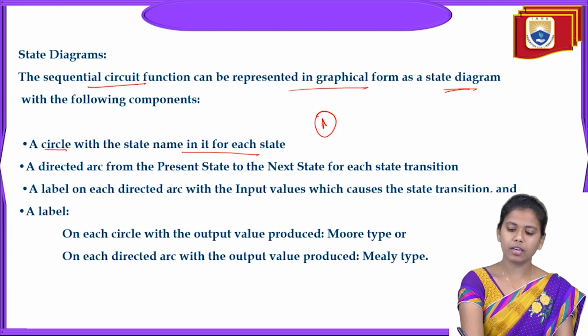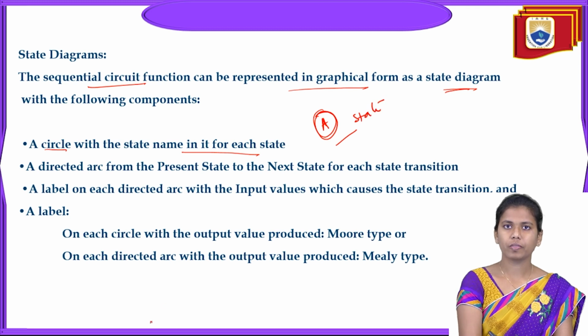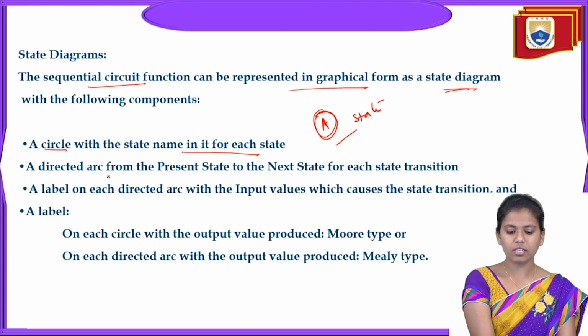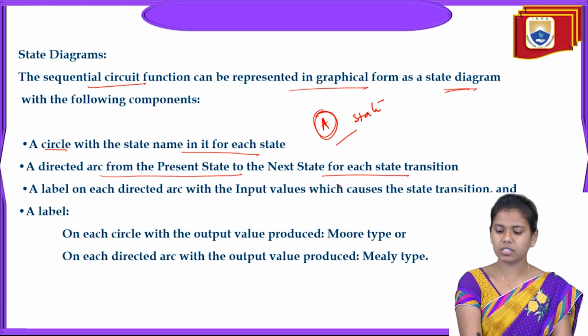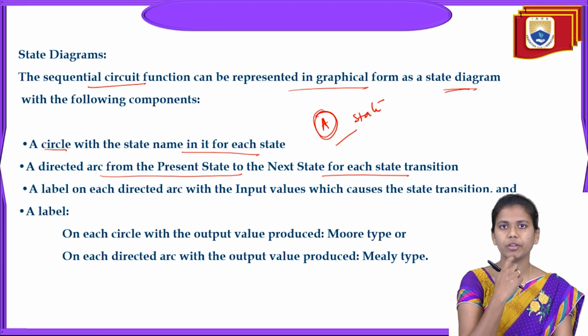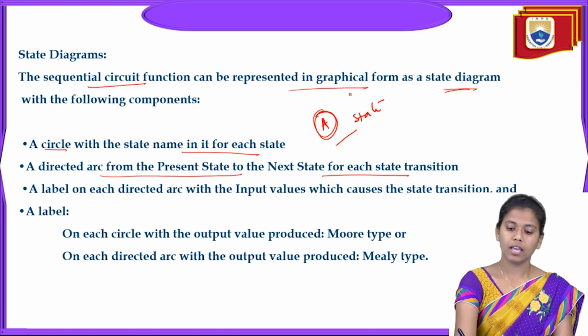That means what here? My state A. That A is in the circle. So this is nothing but the state. Then a directed arc from the present state to the next state for each transition. So if the transition is taking place from the present state to the next state, then it will be directed with an arc. That's how the representation is.